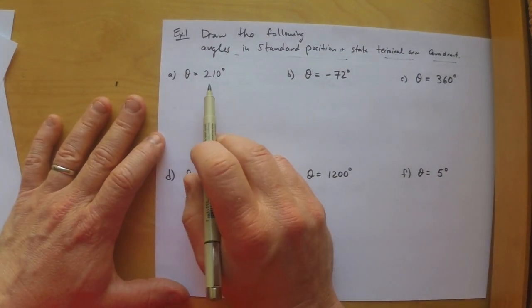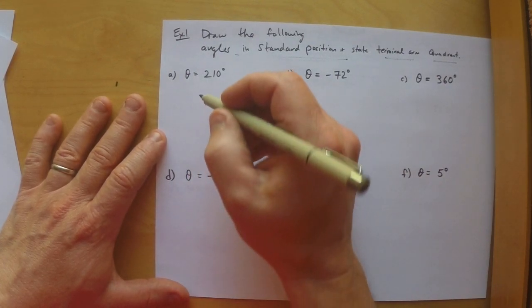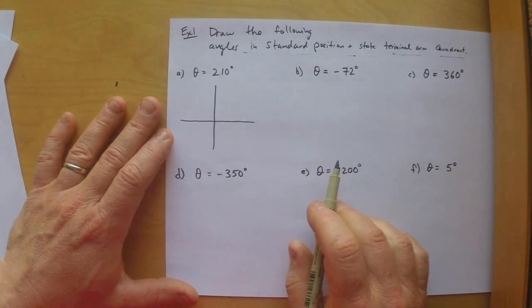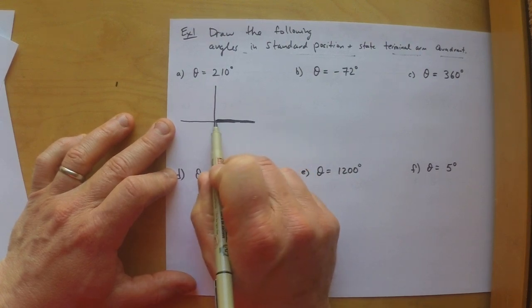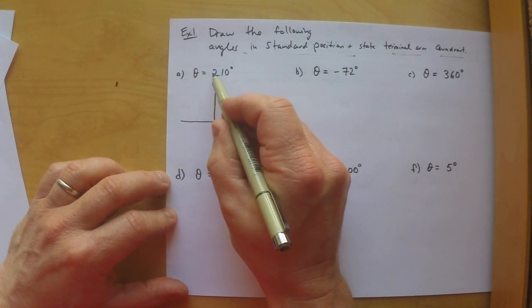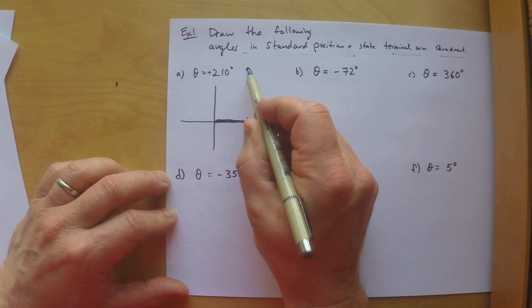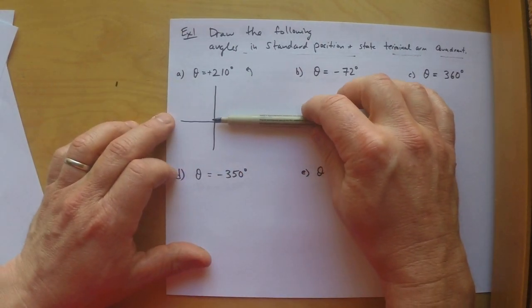If I was to draw 210 degrees in standard position, as soon as I see standard position, I am right away drawing my XY plane, starting here in my mind. There's my initial arm. As I spin, first of all, this is positive, so positive spin means I'm going counterclockwise. I could get a protractor, but you just have to kind of gauge it.